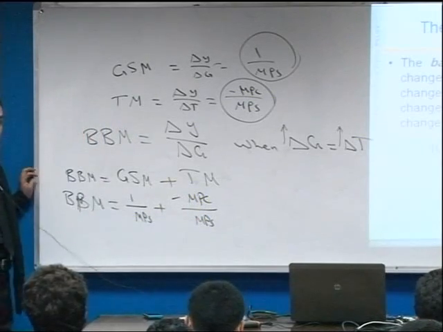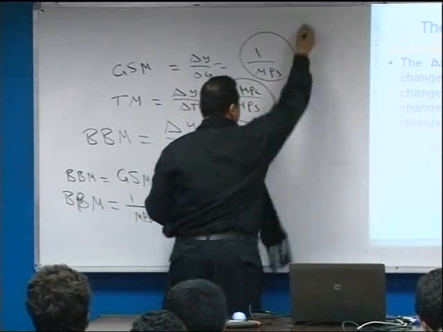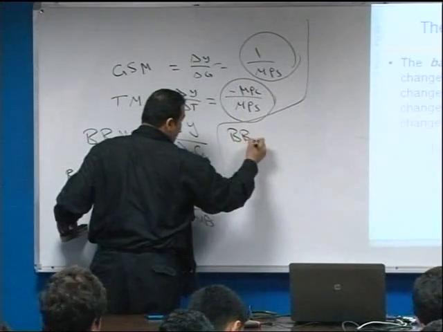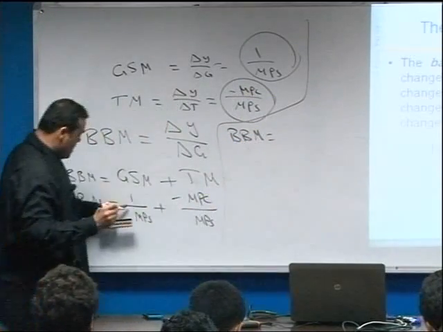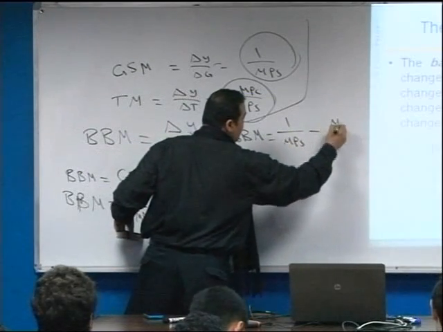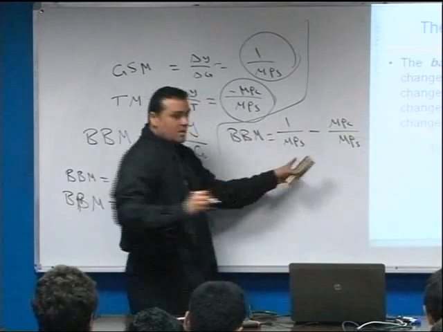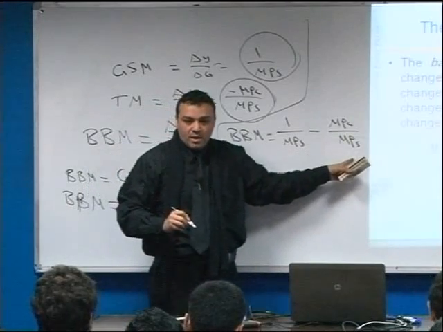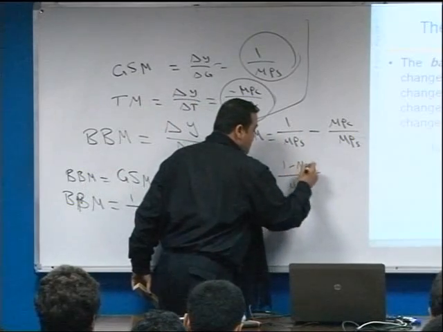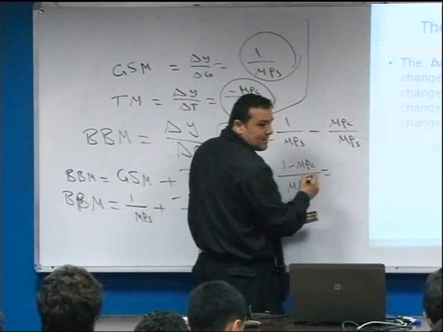Right? So this equals what? BBM, the balanced budget multiplier, equals 1 over MPS minus MPC over MPS. So we take the common factor from the denominator, MPS: 1 minus MPC over MPS. 1 minus MPC equals what?